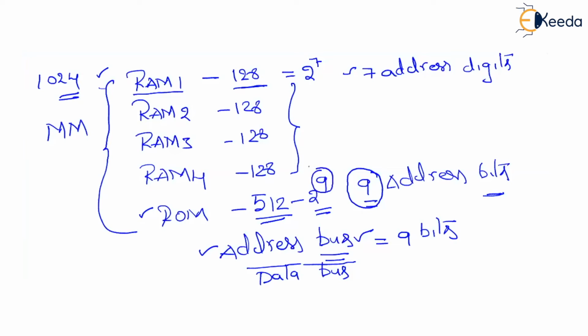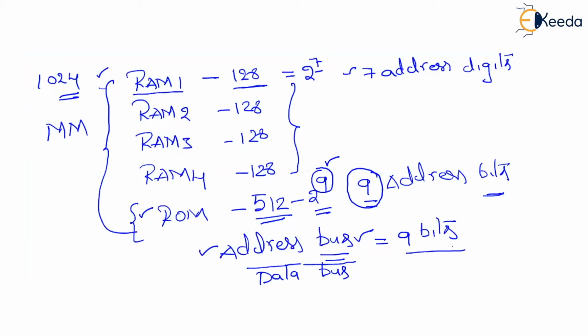If you use 9 digits, both RAM and ROM will get selected. Any of the RAM or ROM can be communicated with a 9-digit address, because RAM will simply use 7 digits, ROM will use all the 9 digits. If I use a 7-digit address bus, only RAM will get communicated, but ROM will not get communicated with a 7-digit address. Hence, I have to use a 9-digit address. I hope you got it. So my address bus size must be equal to 9 digits.